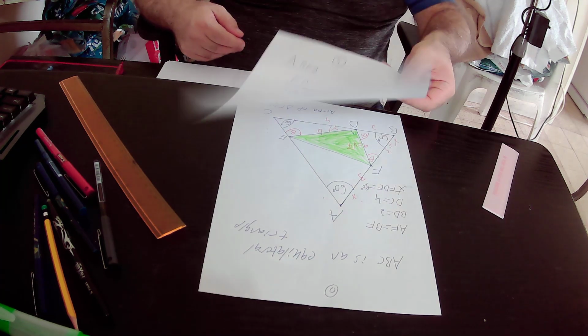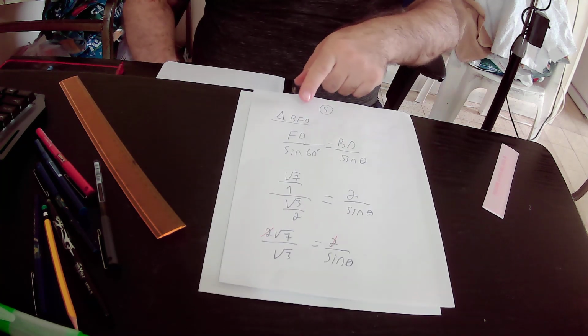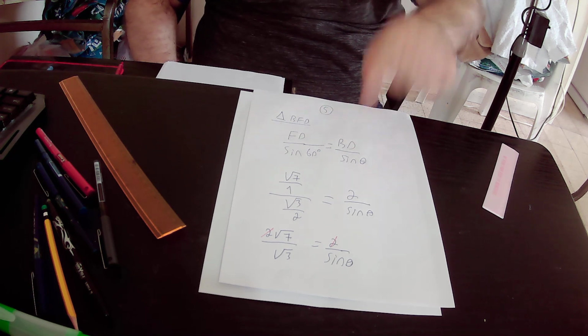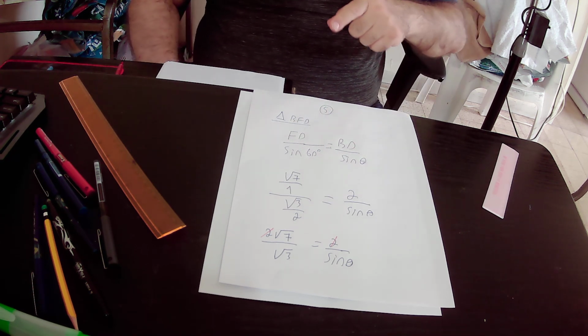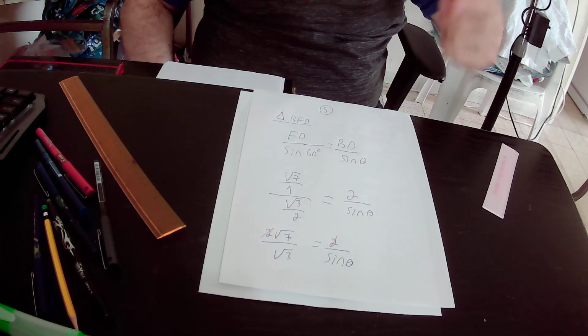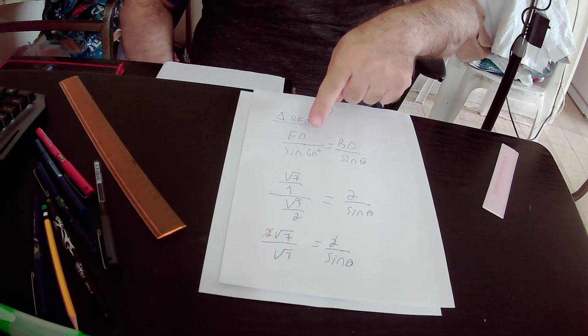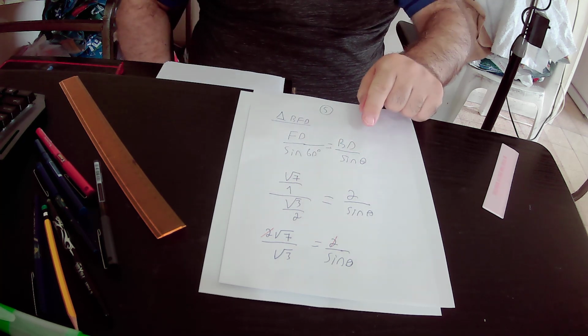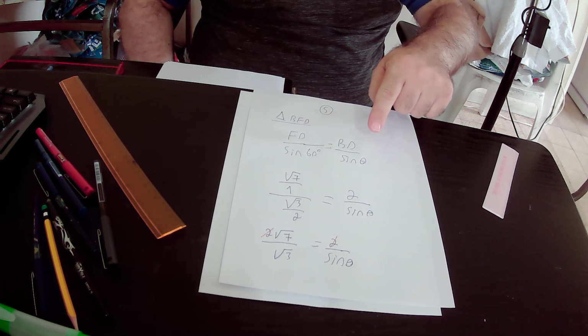According to the law of sines in small triangle FBD, FD over sine 60 degrees equals BD over sine theta. We know that FD equals root 7, BD equals 2 units, and sine 60 degrees is root 3 over 2, so the only missing variable is sine theta.